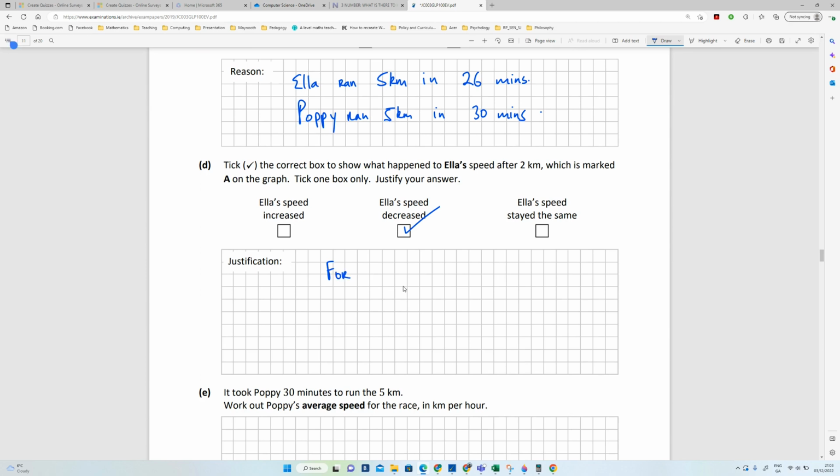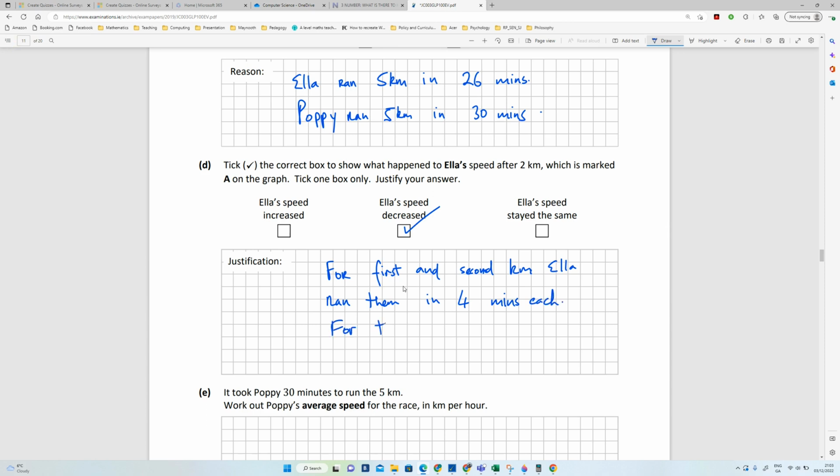So you have to justify why. For first and second kilometers, Ella ran them in 4 minutes each.